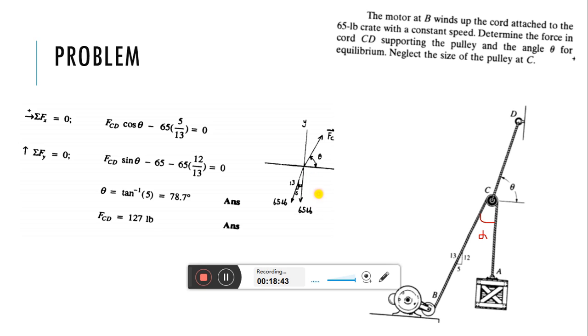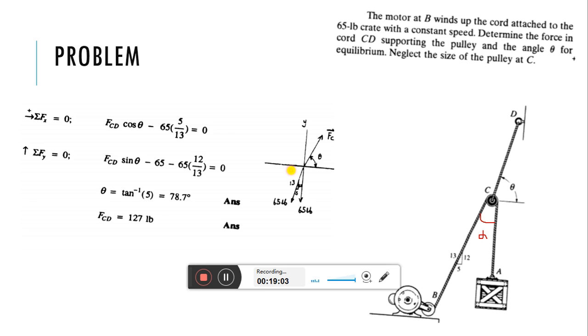What about the other two forces? One is FC cos theta and another is 65 sin alpha.